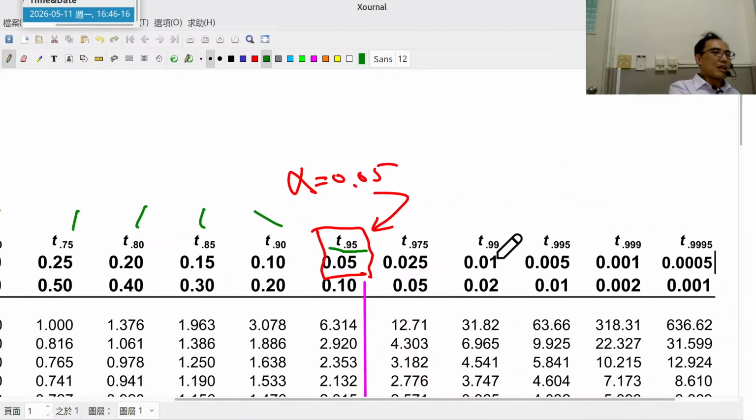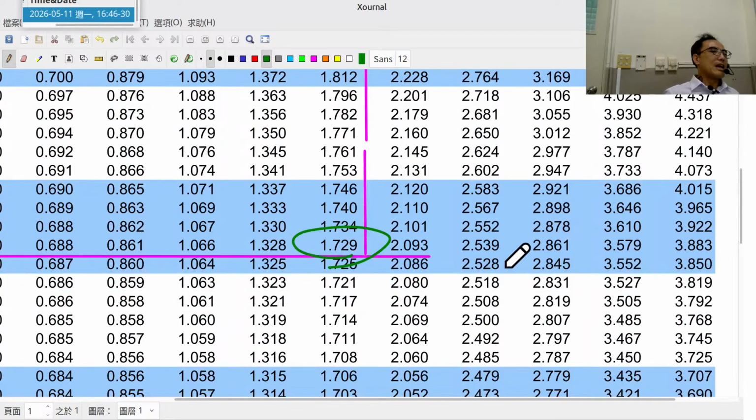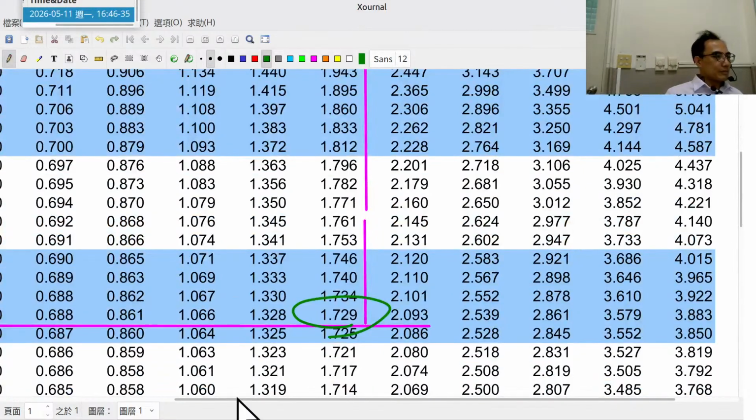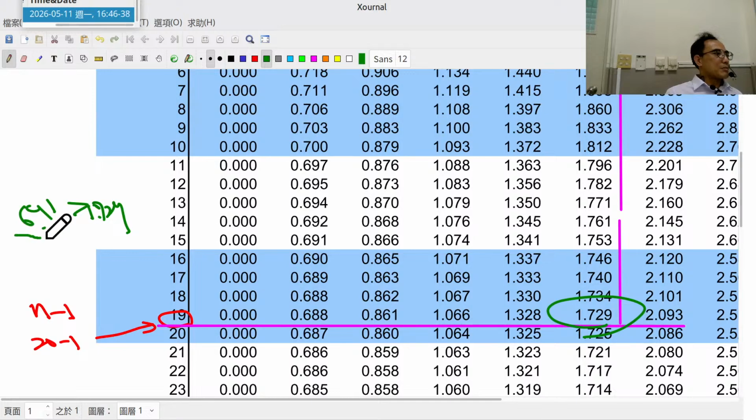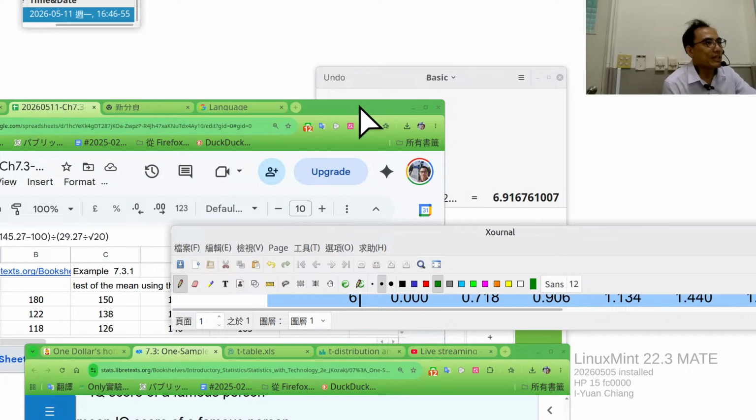And the other common one is here, 0.99, which is alpha equals 0.01. Then after calculation, our t-value 6.91 is greater than this value, 1.729. Thus, we can say it is outside of the area. So is it okay for you? Okay, let's practice the next question.